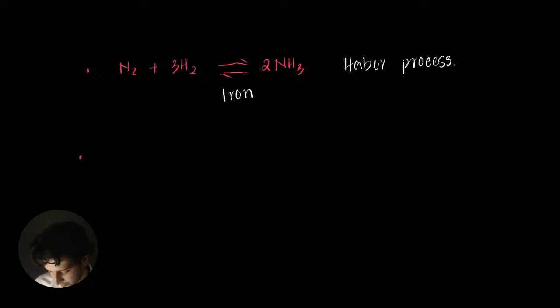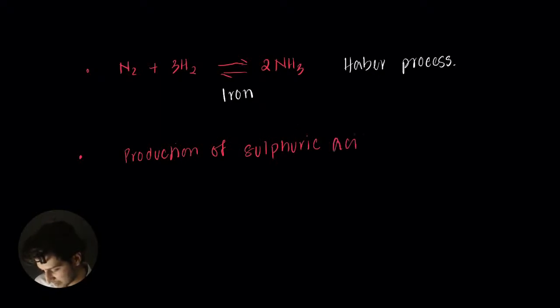Another catalyst for a famous reaction is for the production of sulfuric acid. Sulfuric acid. I think they changed it to an F. This is known as the contact process.